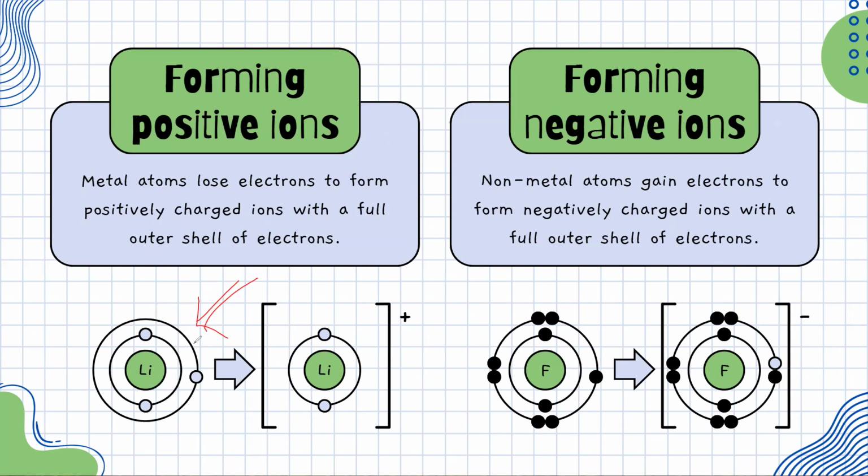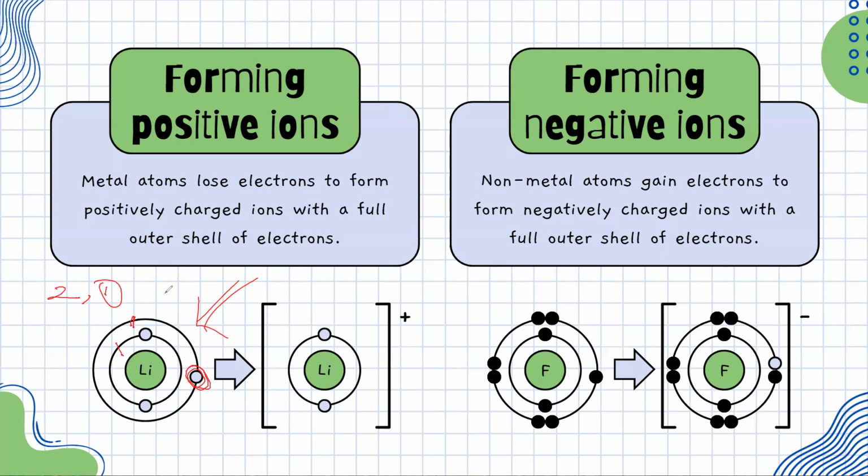So now look at this. Lithium is a metal and has an outermost shell with only one electron. Can you all see that? It has two shells: shell number one over here and shell number two over here. The first shell has 2 electrons and the second shell has only 1 electron.